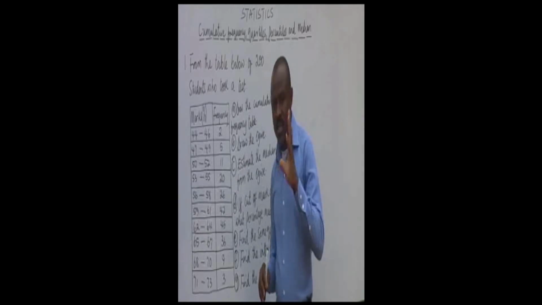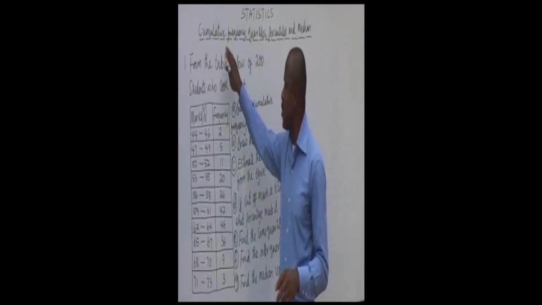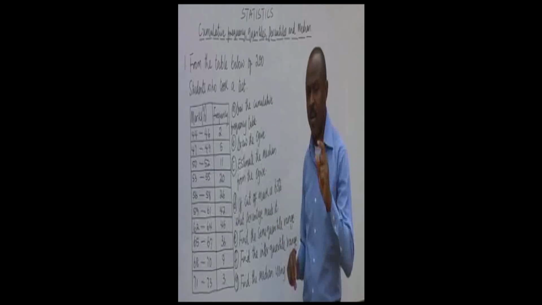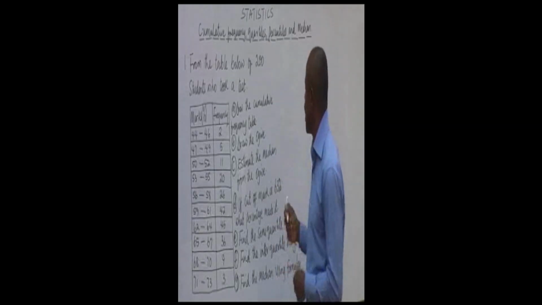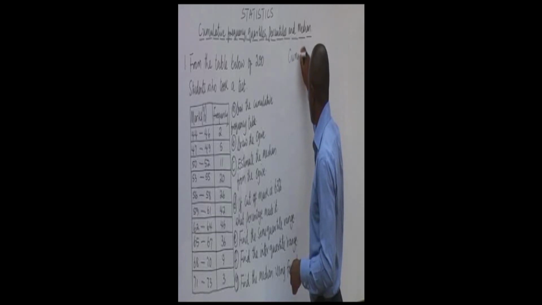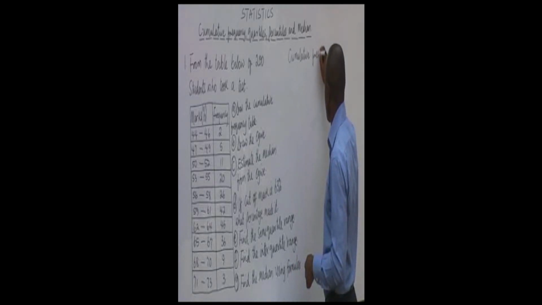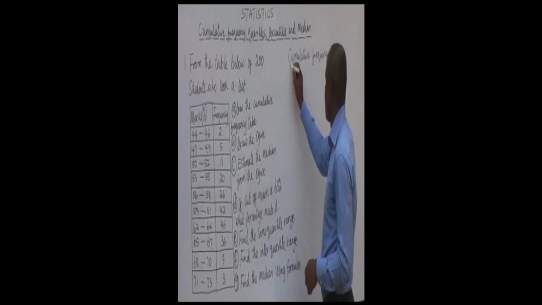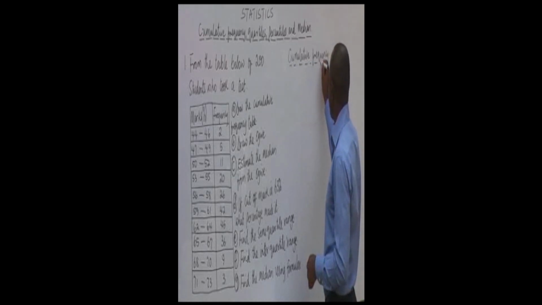I would like to take the explanations of these subtopics one after the other. First of all, the cumulative frequency.